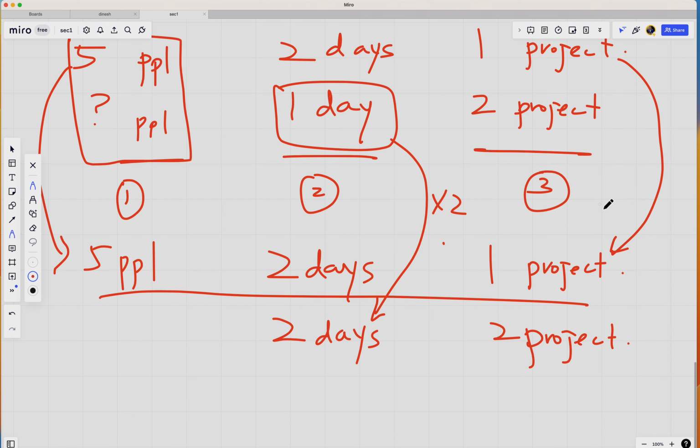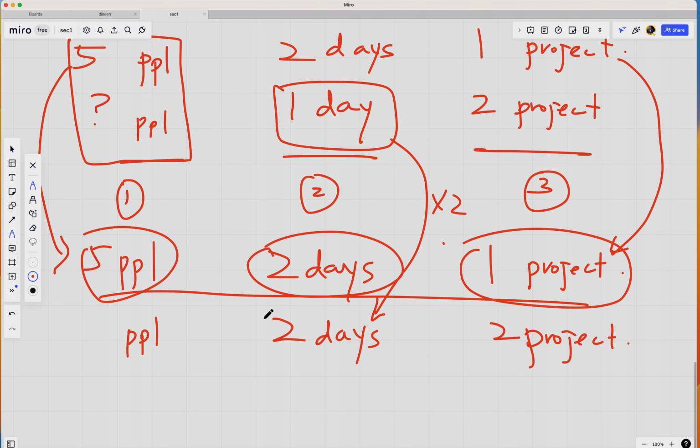Now you ask how many people you need. For 2 days, 2 projects, how many people? 5 people, 2 days, 1 project. So now 2 days, 10 people. Okay, good.